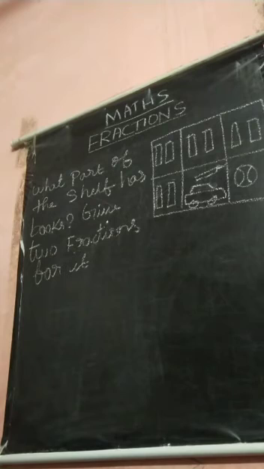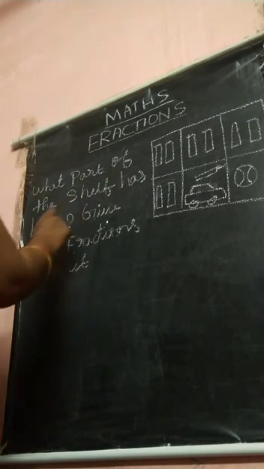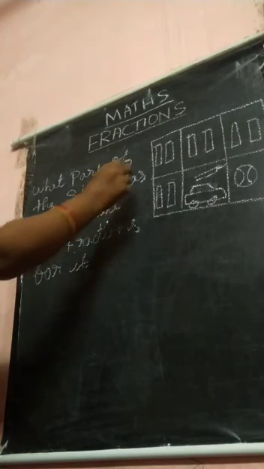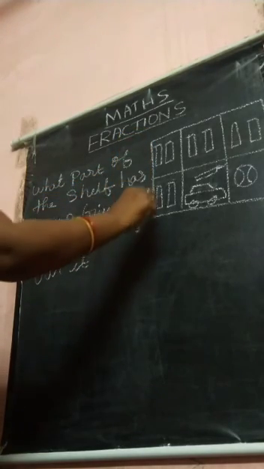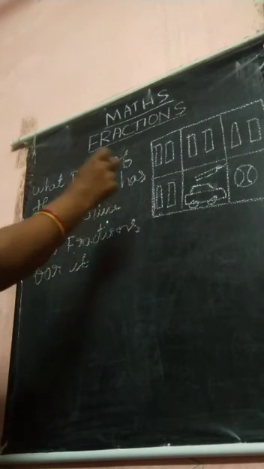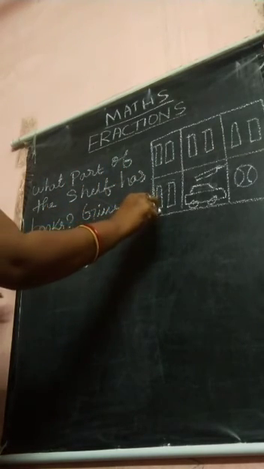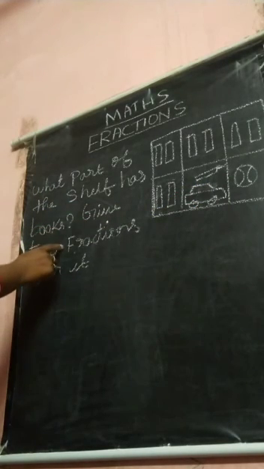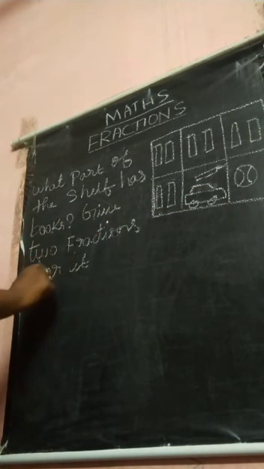What part of these shelves has books? Give 2 fractions for it. In these boxes, 1, 2, 3, 4 shelves are full of books. 2 shelves only have toys. As the question is asking, give 2 fractions for it.